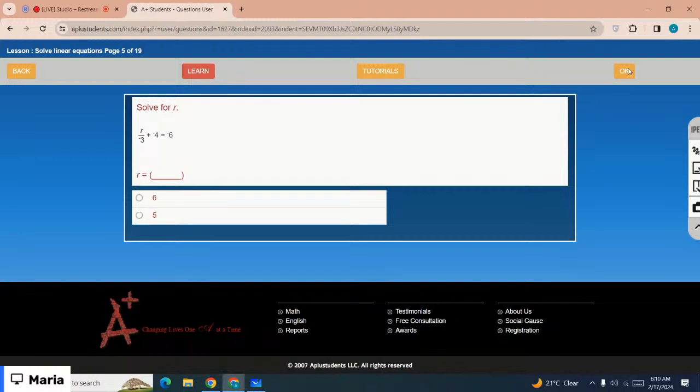Next, solve for r. That is 6. Option number 1 is the correct option, right?